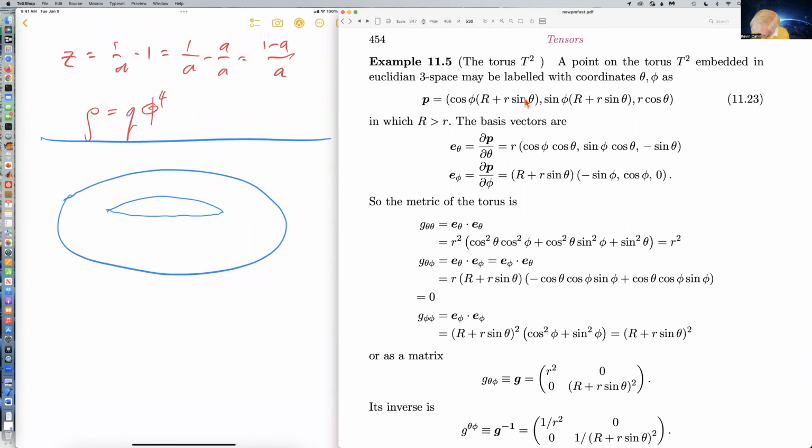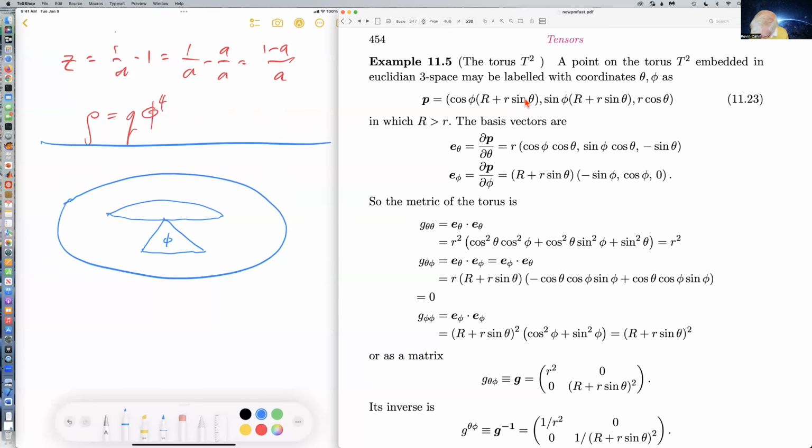The angle phi is from basically the center of the torus out to a point here, and over there, this would be an angle phi. And the angle theta, on the other hand, is the angle from, let us say, the center of the tube to a certain point on the torus. That's the angle theta.